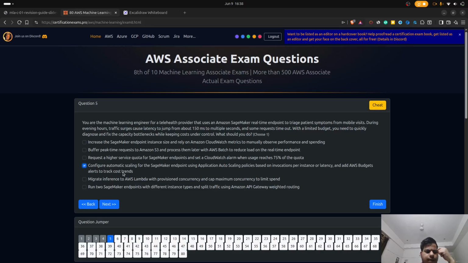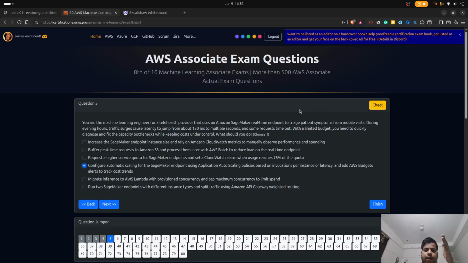This can be good. I think this will be good because it enables automatic scaling for the SageMaker endpoint with some auto scaling policies.